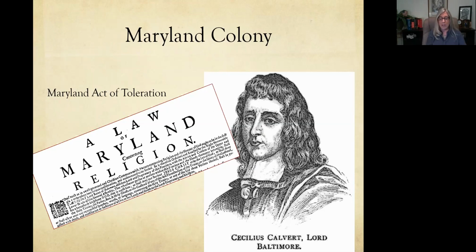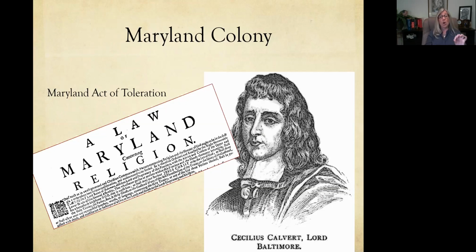But the requirement to do that, this is going to be kind of a compromise between the Catholic Lord Baltimore and the non-Catholic leaders who are setting up a government in Maryland, is that the legislature will pass this law called the Maryland Act of Toleration. And what this law does is it will give all Christians, so that's Catholic or Protestant, all Christians will have the right to worship freely in Maryland.